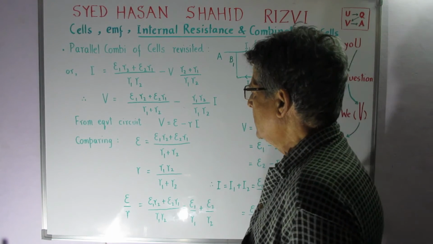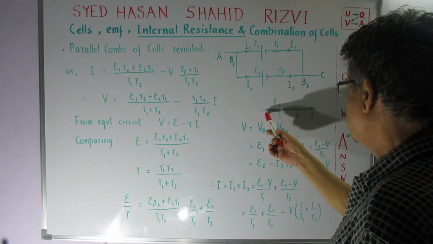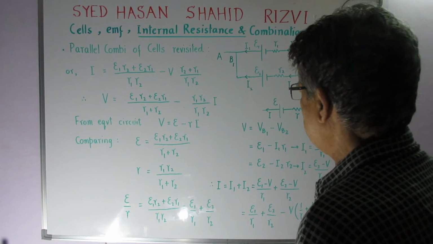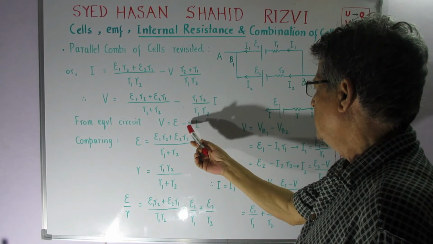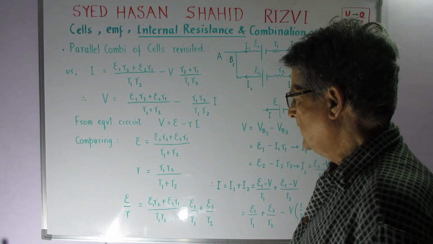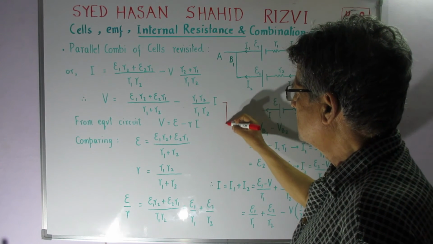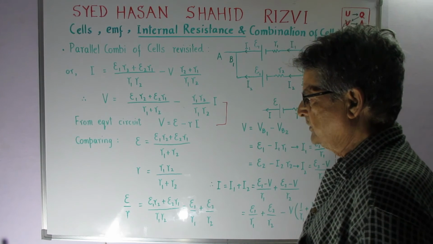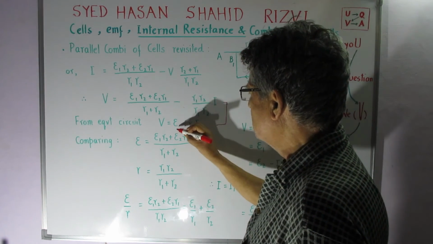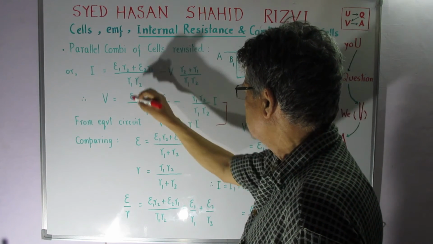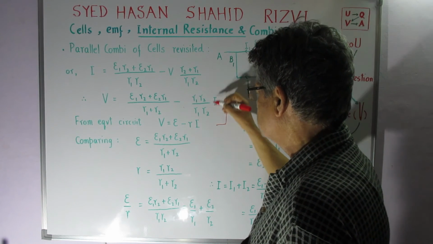Now let's write the equation for V from the equivalent circuit. This will turn out to be V is equal to E minus Ri. Now if we compare these two equations, then we find that E is equal to this thing and R is equal to this thing.